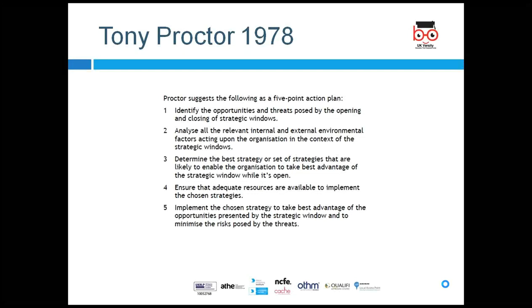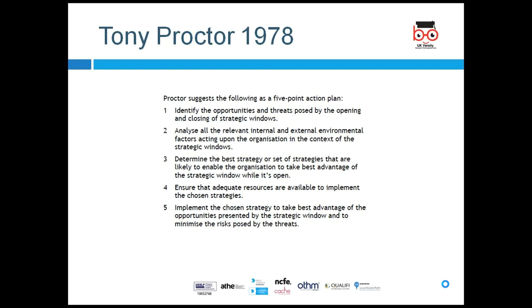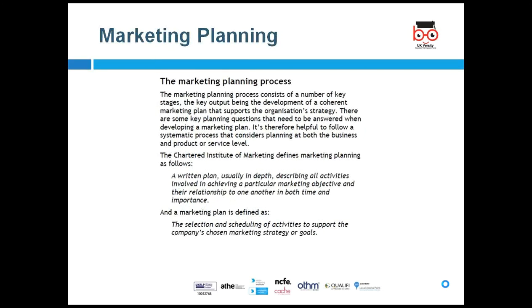So just five points of action plan: identify opportunities and threats posed by the opening and closing; analyze the relevant internal and external environment to see what's happening; determine the best strategies, and set strategies likely to enable the organization to take best advantage; ensure that adequate resources are available; and implement the chosen strategy. So always we need to look at this, according to Tony.